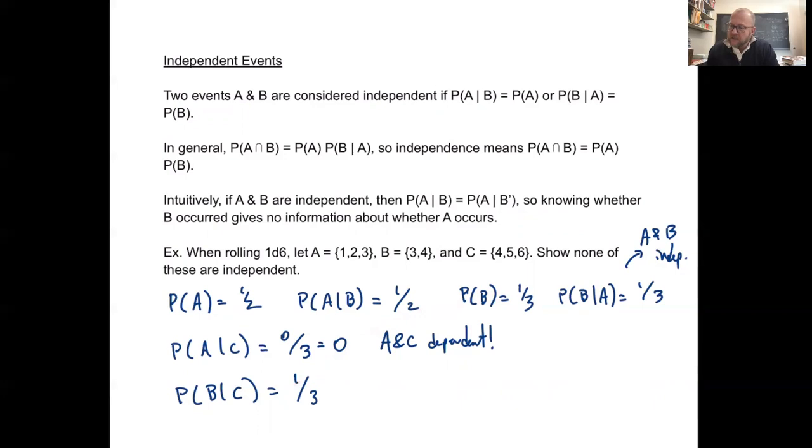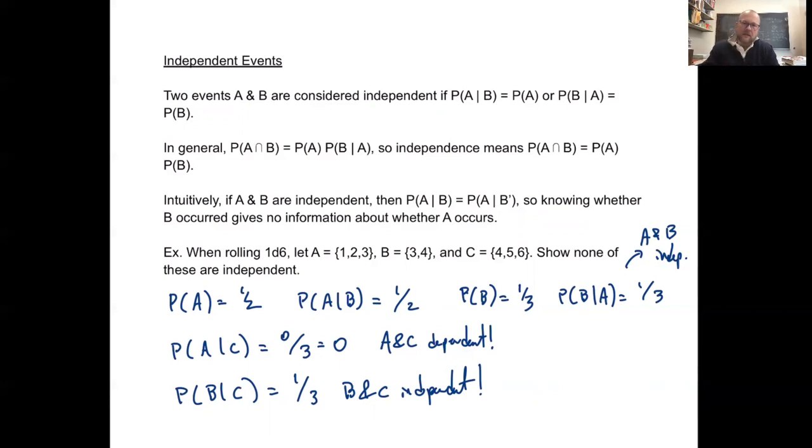So the probability of B given C is going to turn out to be 1/3. If we go ahead and do the other thing of getting the probability of C given B, it will turn out to be 1/2. So what we have found out is that B and C are independent. Okay, and is there a pairing that we've not tried here?